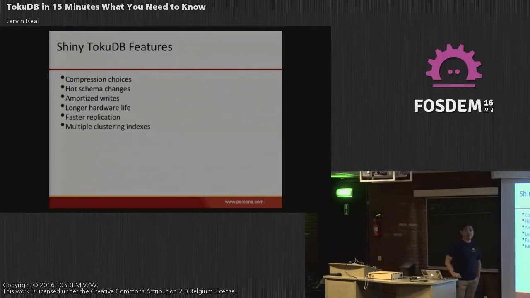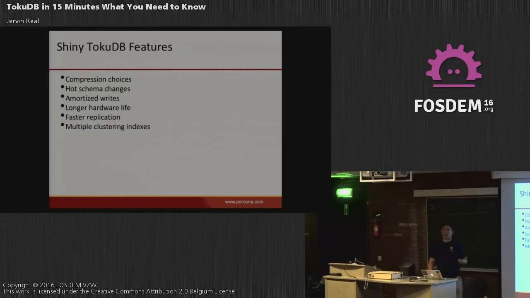You are able to do hot schema changes, which is very good, and Tokudb enables that because of its internal workings. The fractal tree uses message buffers, so you don't have to do everything in real time. Amortized writes and message buffers work well in Tokudb's fractal tree so that you can amortize writes more, and it can merge writes instead of doing much more random IOs.